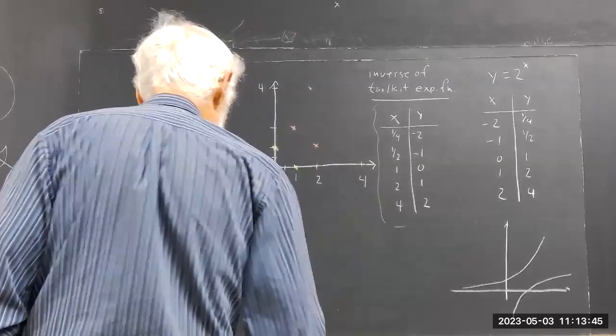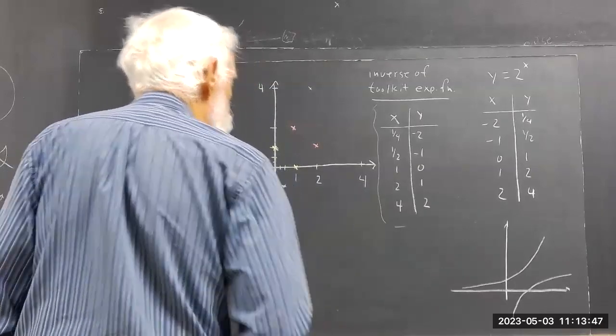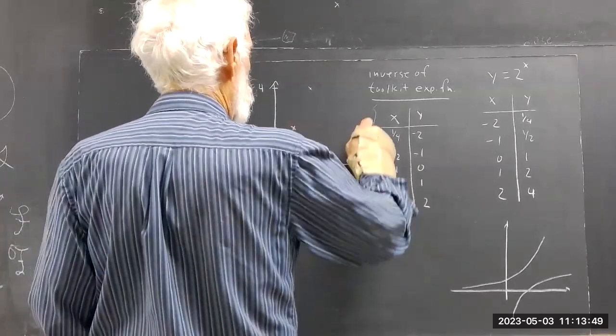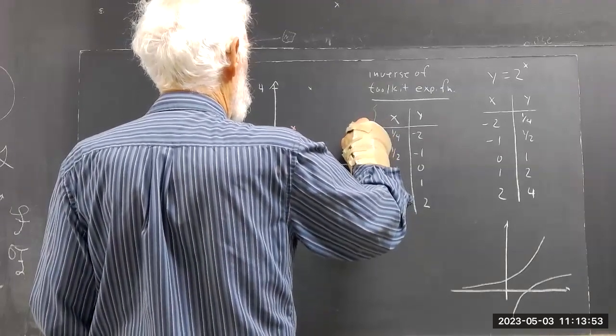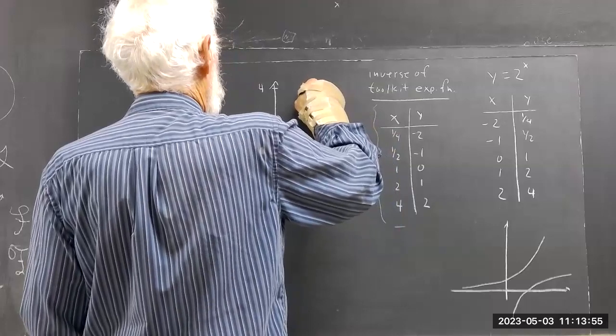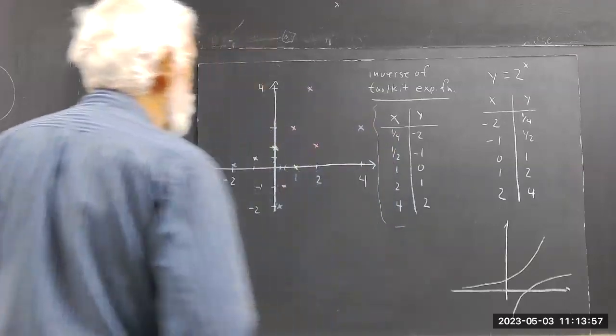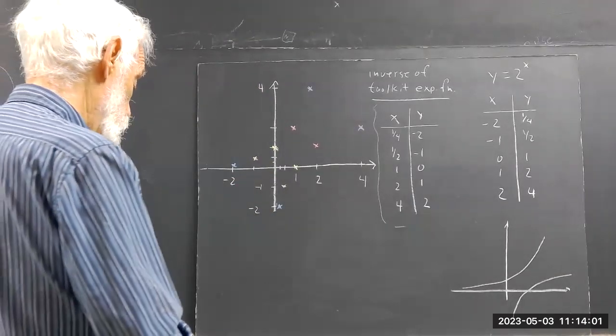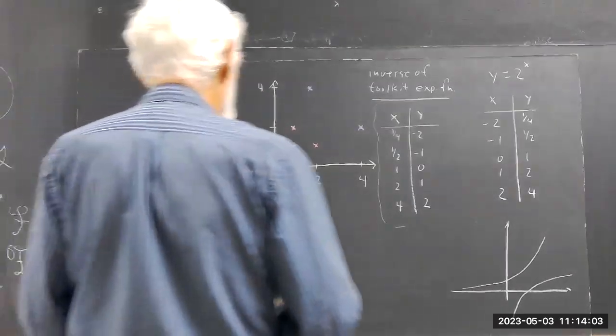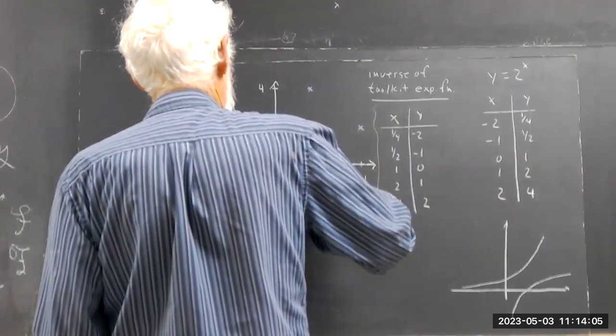And finally, the point (4, 2), corresponding to the point (2, 4) on the graph of the exponential function. And well, we can draw a curve now.